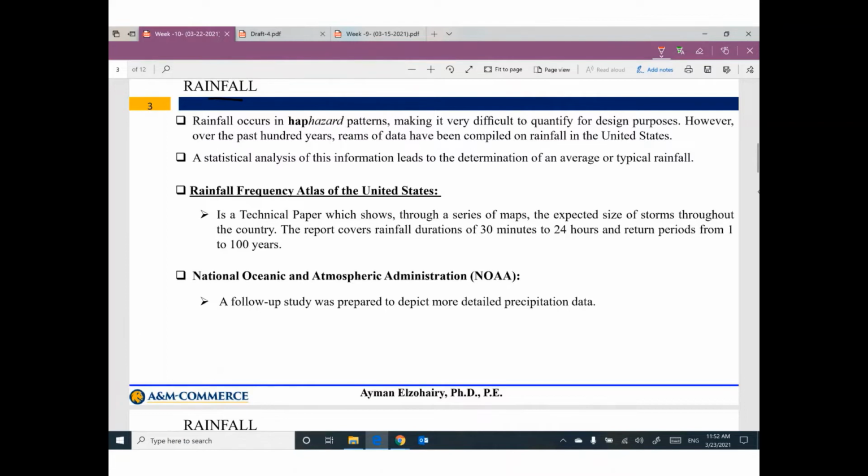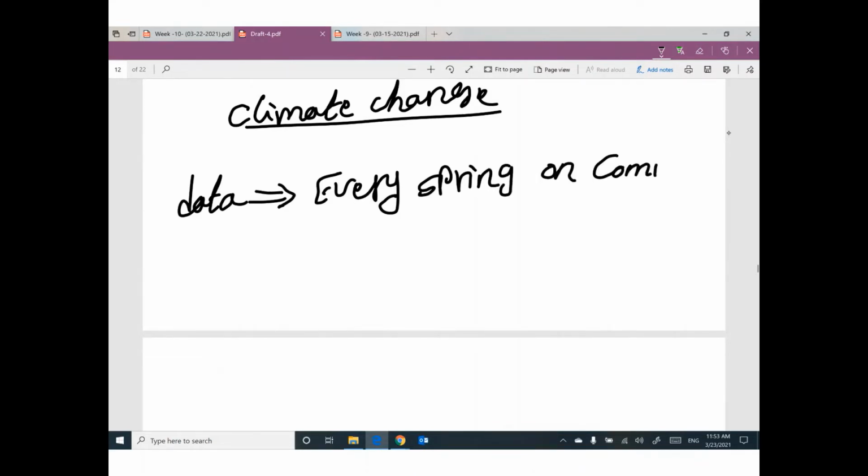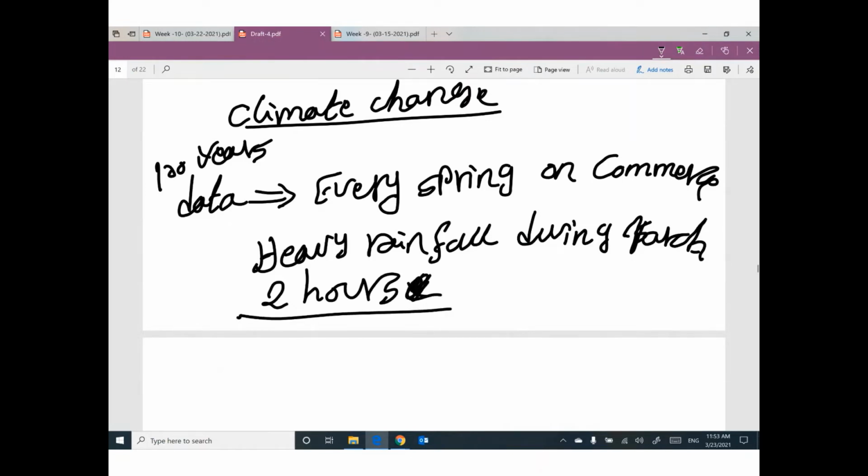So over hundreds of years, we have data saying, for example, every spring, on commerce, for example, over the last 100 years, we expected heavy rainfall during March, which will continue for 2 hours, and will be repeated every 5 years.